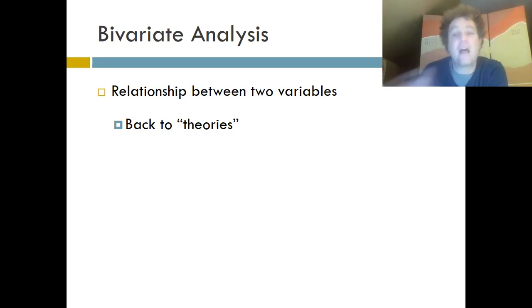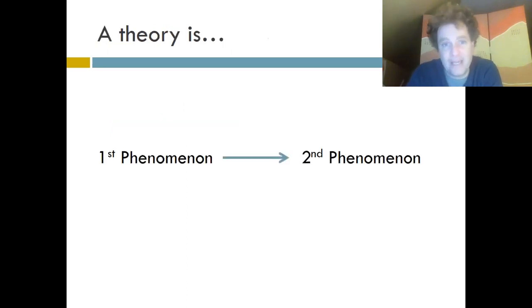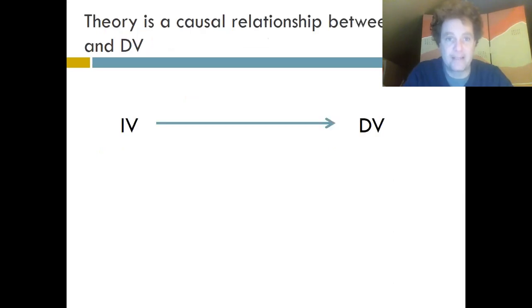Right? Now, we can remember that this is useful because it goes back to this idea of a theory. If you remember, what is a theory, all the way back to when we talked about theories at the start of the class? A theory is simply when one phenomenon is connected or related to a second phenomenon. More specifically, we can say that is a causal relationship.